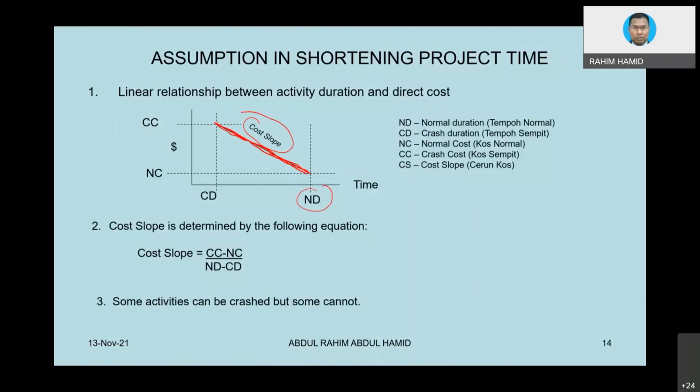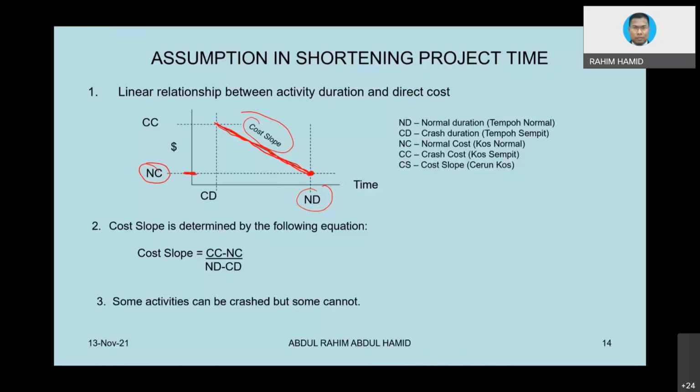Let's say you want to execute a project in a normal duration that we call practical. Normally the duration is a little bit longer, at this point, and what would be the cost? We call it normal cost, and normal cost is normally a little bit low.